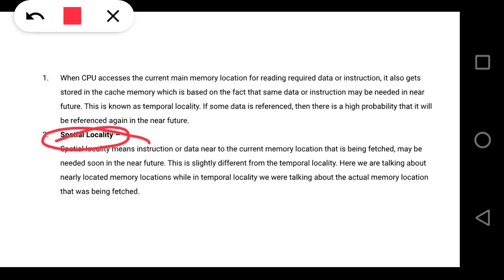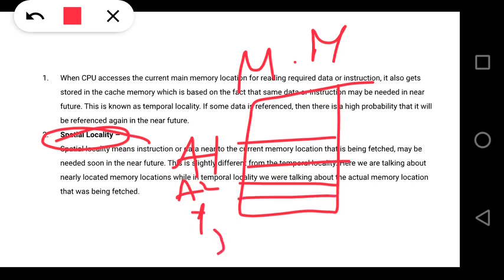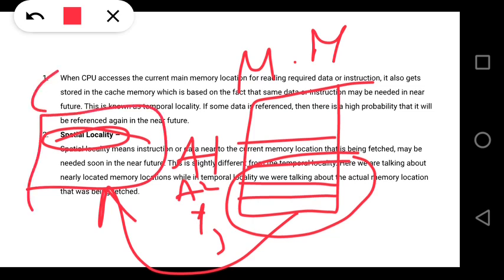The spatial locality of reference says that if you are accessing a particular memory word in main memory, if you are referring to address 1, then you may expect that you will refer to address 2 and address 3 in the near future. So please keep these in the cache memory. Address 2, address 3. This is called spatial locality of reference.